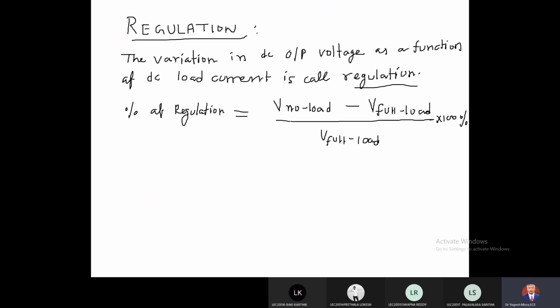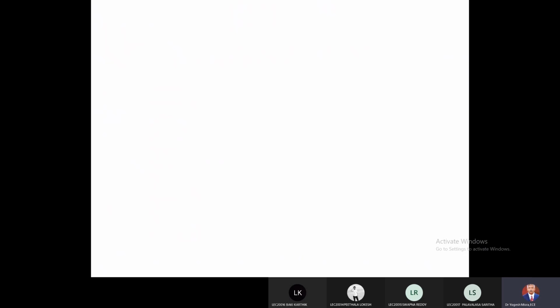So now we will see voltage regulation for a half wave rectifier.